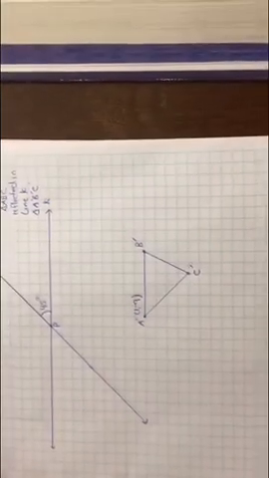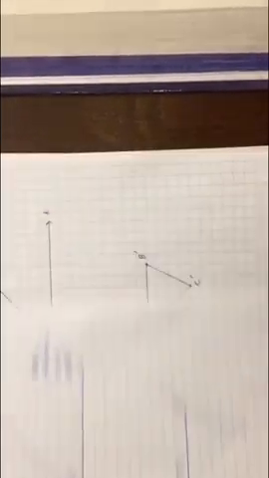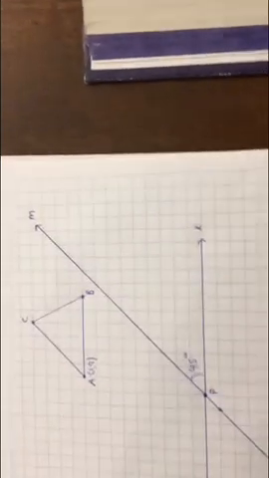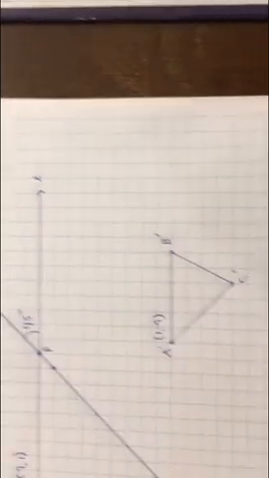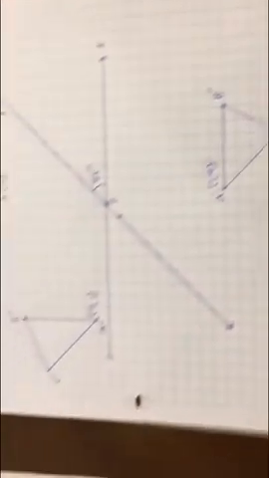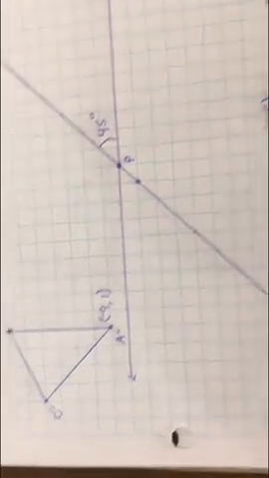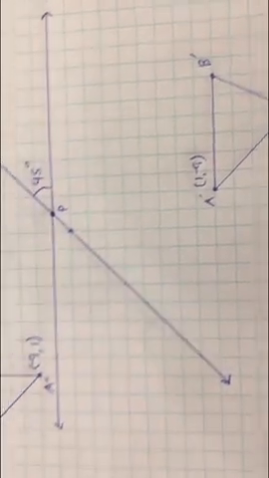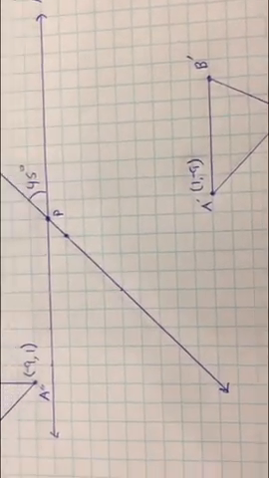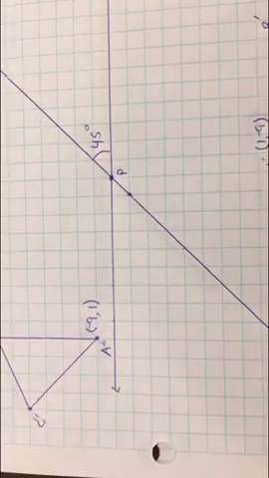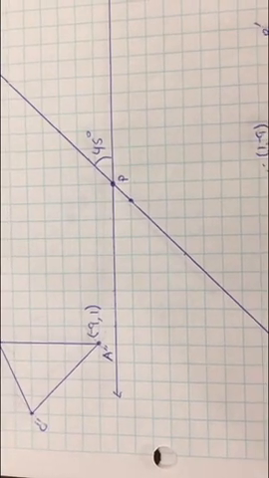Okay? And then it says that you reflect that about the line M. So I took this and then I reflected it about the line M. Okay? See my little perpendiculars? Now once again, if I reflect it in the line, notice what happened to the values of the coordinate A. Okay?